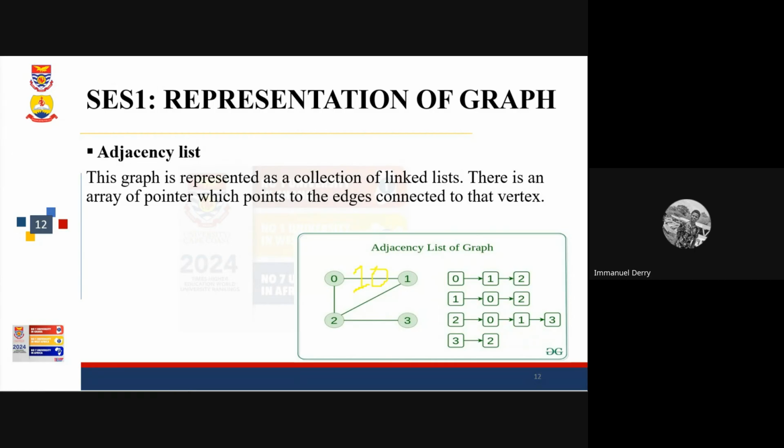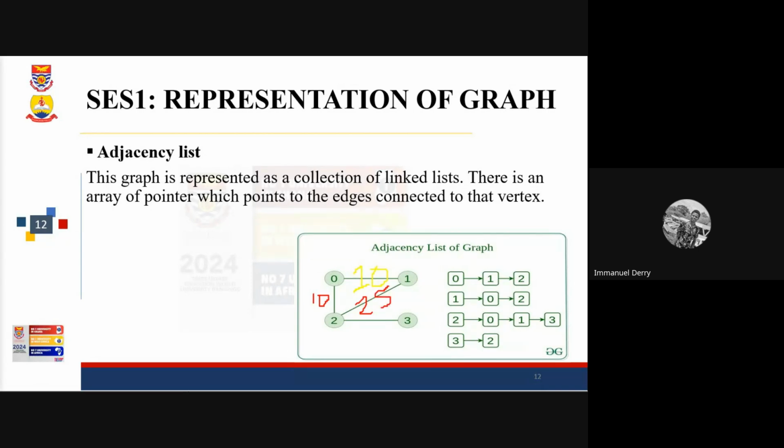The same way, if the distance connecting 0 to 2, let's say Kumasi to Accra, is also 10 kilometers, then this 10 here is the weight assigned to this particular edge, 0 to 2. The same way from 2 to 1, let's say 2 is Aflao and 1 is Boko, the distance could also be, let's say, 25.